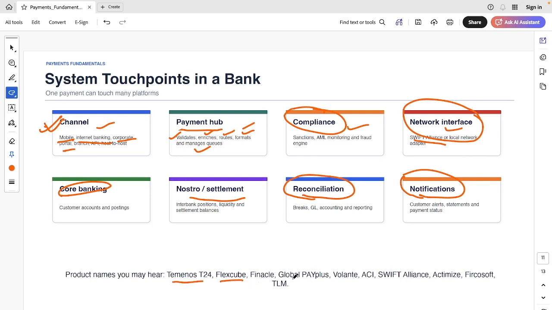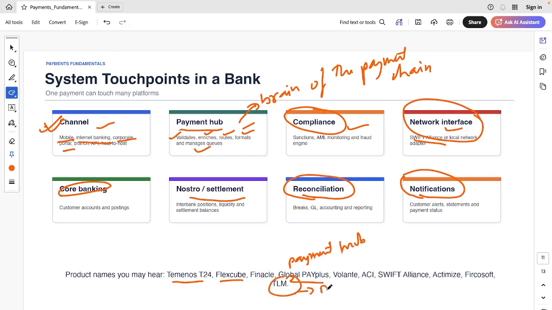For example, Global Pay Plus is a payment hub. A payment hub is also called the brain of the payment chain because it does the majority of the work. Then TLM is used for reconciliation.